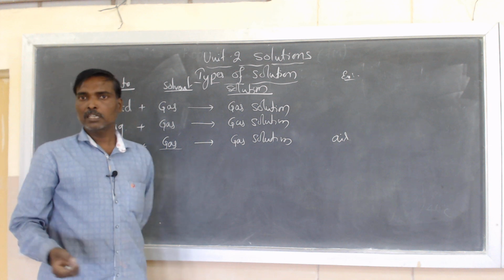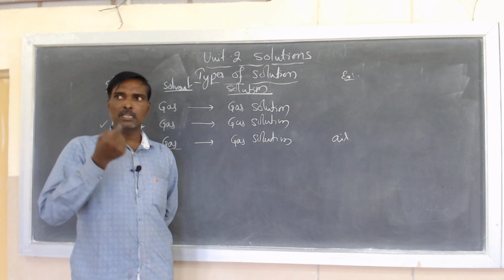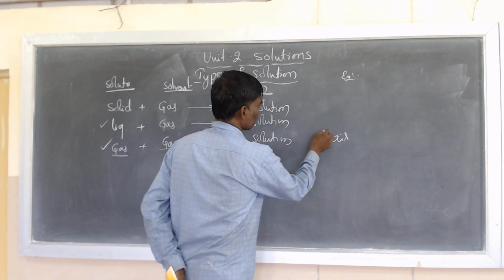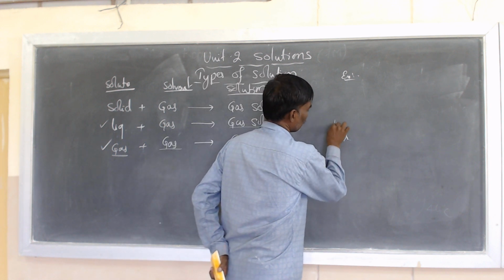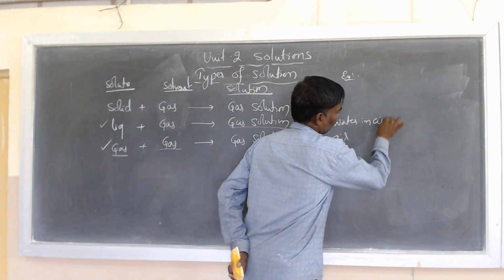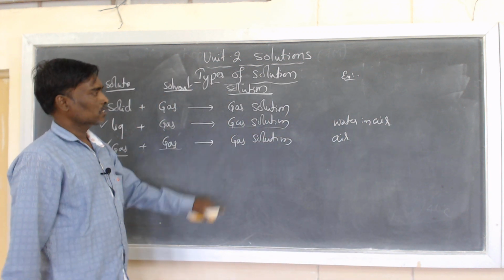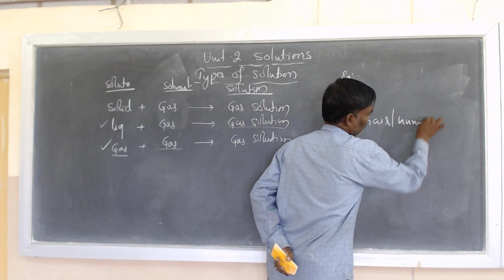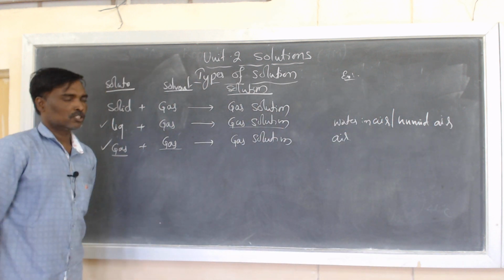We cannot see the water molecules in the air, but we feel the air as moist air. So that forms a gaseous solution. We write water in air, or humid air, and that is also a gaseous solution.